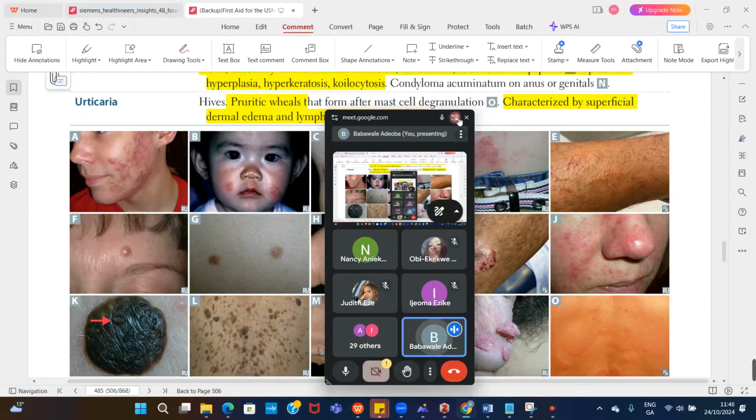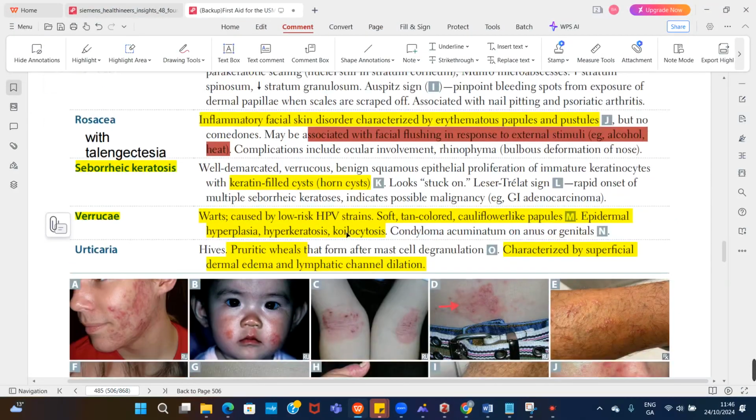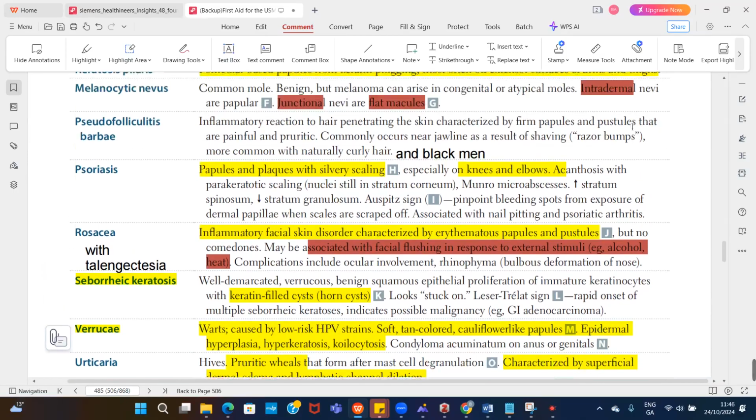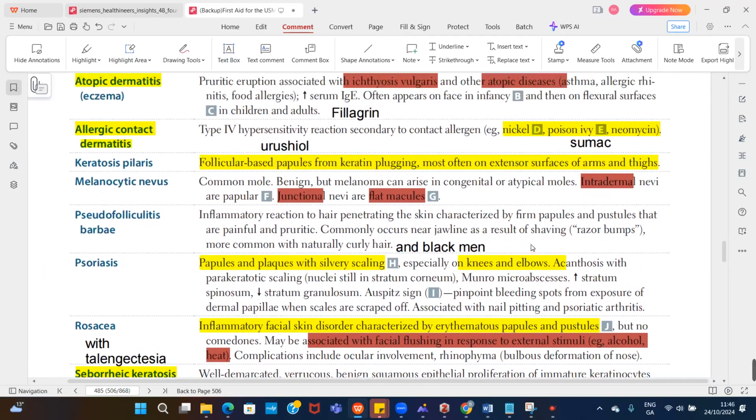It's because they have curly hair that grows back inwards to cause irritation of the skin with eventual inflammatory response. So it's characterized by erythematous papules and pustules. No comedones. So no comedones means they have ruled out what? Anybody? Okay. They have ruled out acne.